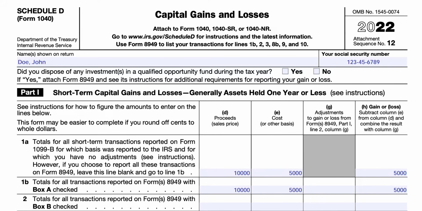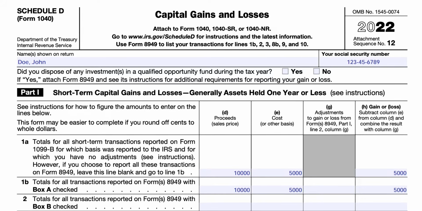If you had an installment sale, you might need to declare the installment sale income on a separate tax form. If you are subject to the net investment income tax, then you may need to file IRS Form 8960. So we do have references to articles that we've specifically written on those tax forms throughout our articles, and we'll have links to those articles in the show notes as well.